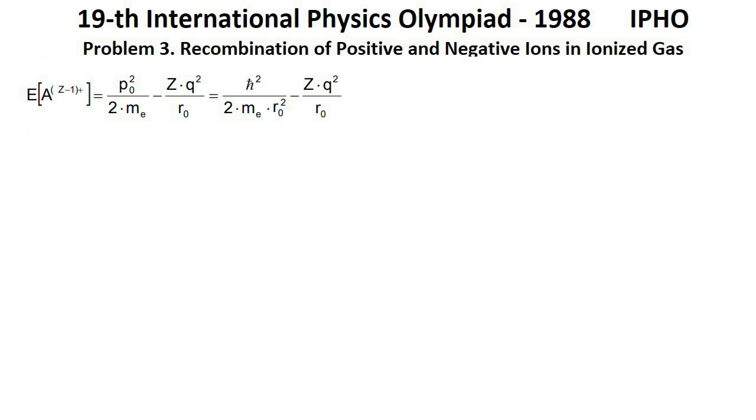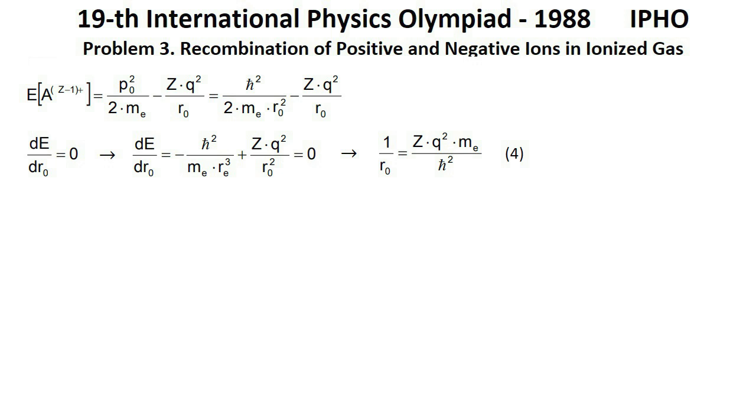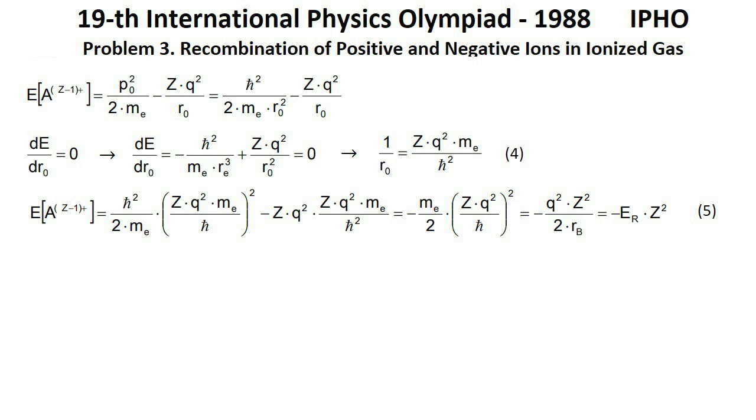That is, the total energy is equal to the following expression using formula 3. The minimum energy exists when the first derivative with respect to r0 is equal to 0. Hence we have the following expression. Hence 1 over r0 is equal to expression 4. This gives the following expression for energy, formula 5. This was the solution to question 3.